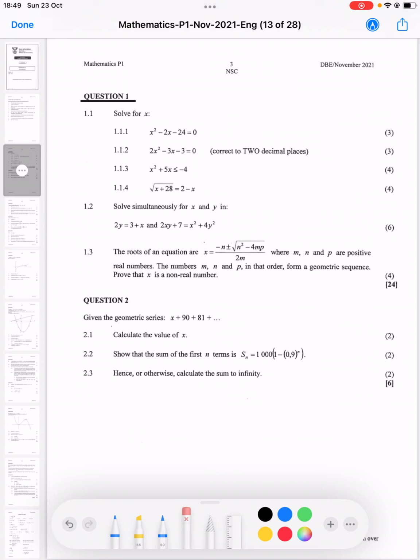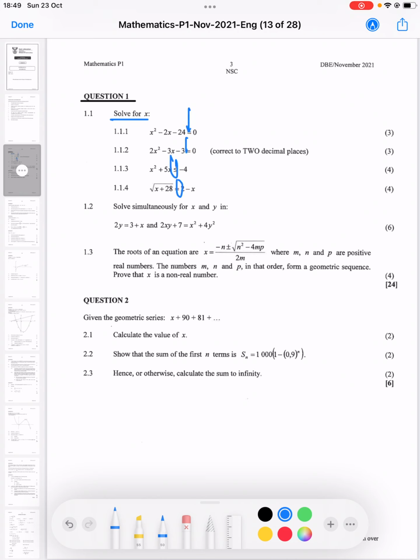But when you are given an equation, you solve. You don't simplify, you solve. Similarly, when you have an inequality, you solve. That is why under this question of 1.1, you solve all of those because they have an equal sign or an inequality sign.